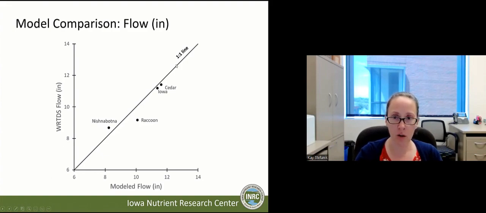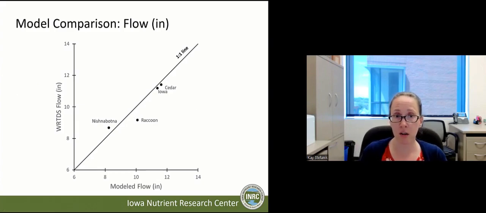We have our one-to-one line that runs in the middle. The closer these points are to that one-to-one line, the better the agreement was between the two modeled estimates.